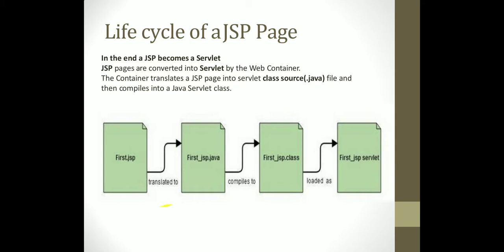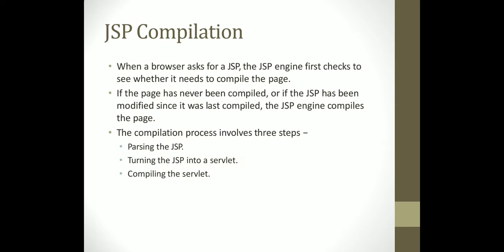Here you can see it is translated to Java, then compiled to classes, and then loaded as a servlet. So this is the life cycle of JSP, and we have seen all these phases step by step.